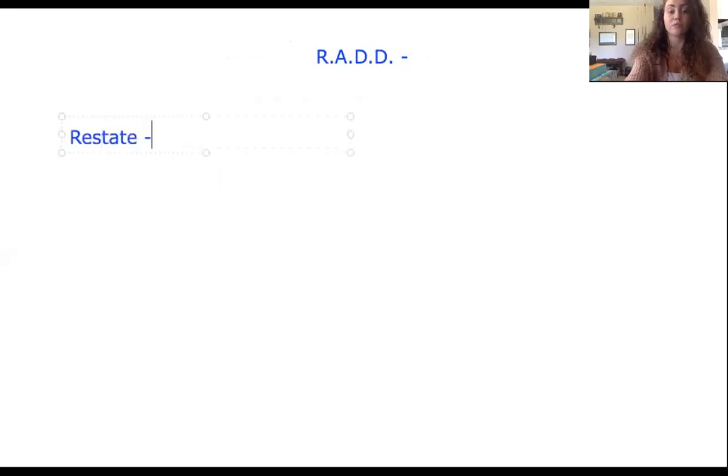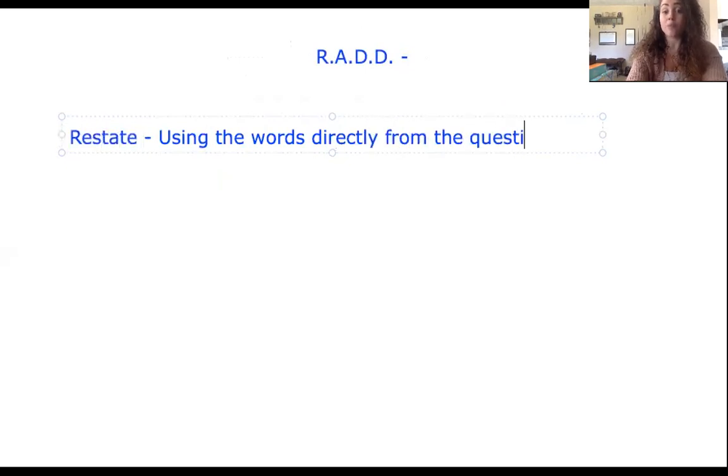R stands for restate. Now when you are restating the question, you're actually using the words directly from the question, but you're not using those question words.